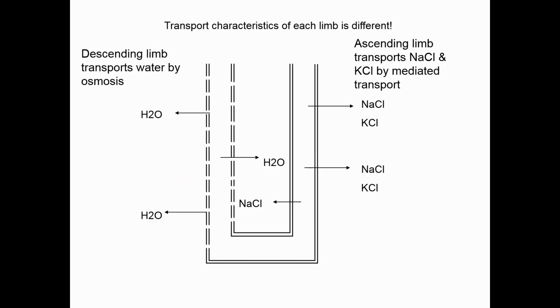So I have a picture of that. In my descending limb of the loop of Henle, I have little spaces here which kind of represent my aquaporins. I really should have an aquaporin on this side of the cell and an aquaporin on this side of the cell, but it's not exactly working that way.